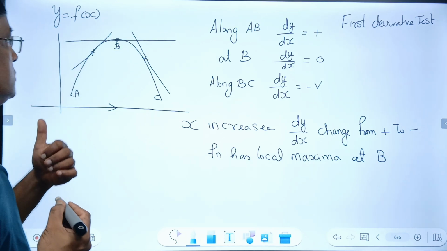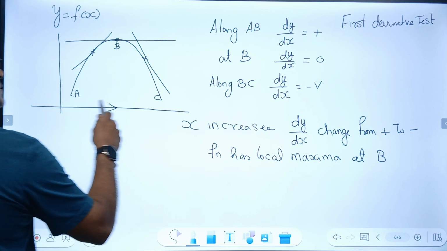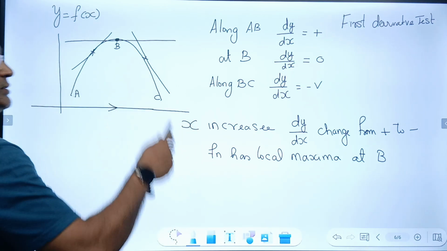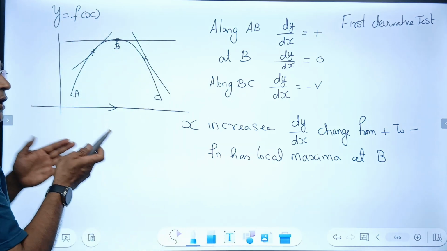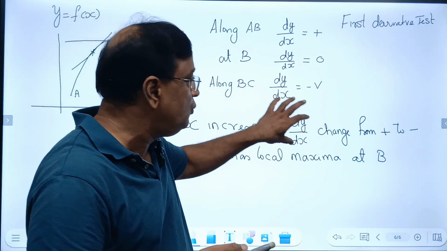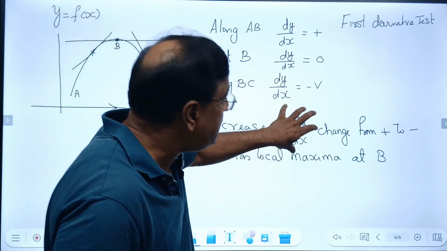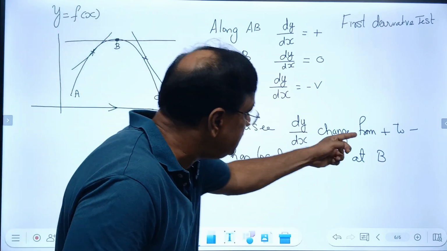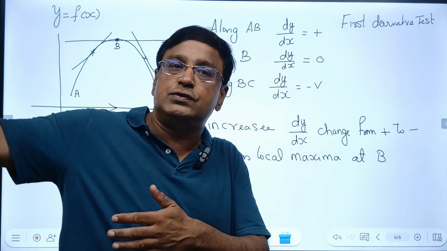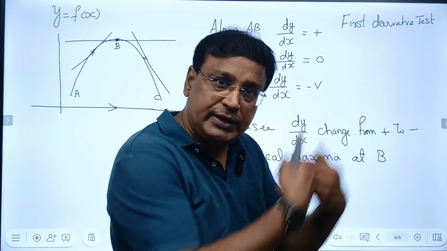Now what I want you also to understand is, when x increases, dy by dx changes from positive to negative. Look at dy by dx as a new function. When x is increasing, this function is decreasing because it is taking values from positive to negative. That means dy by dx is a decreasing function.